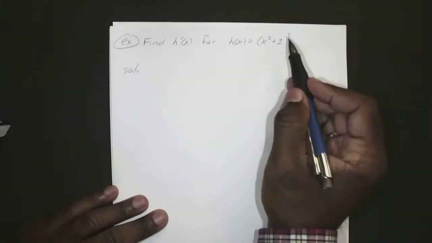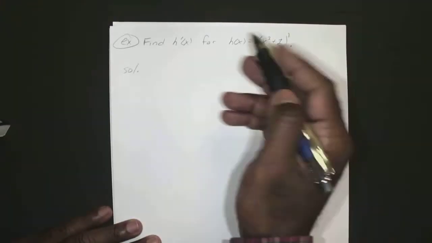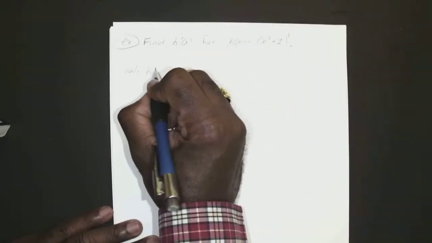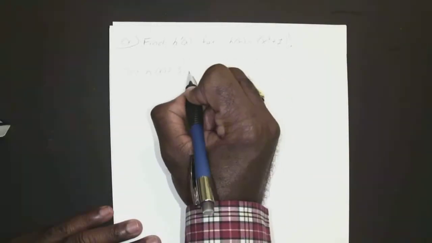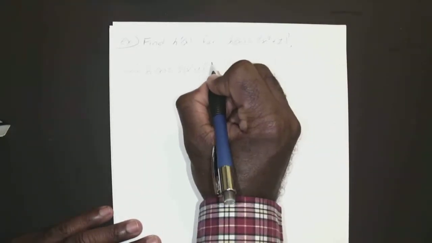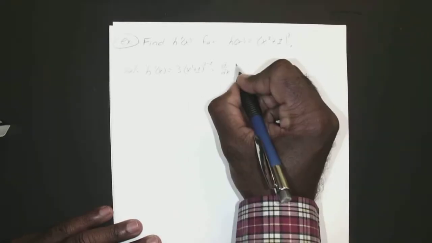So the first thing you want to do is apply the power rule here. So we're going to bring the 3 down. So h prime of x is going to equal 3 times (x squared plus 1), then we're going to subtract 1 from the exponent, times the derivative of what's inside.